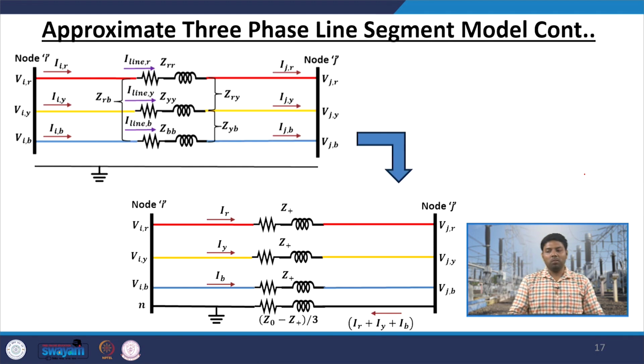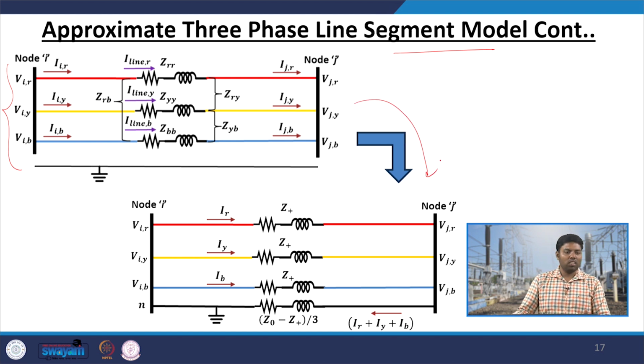And your approximate 3-phase line segment model is actually looked like this, without the shunt admittance. Now, you can transform it to a sequence impedance model, where you have a Z plus positive sequence line impedance and a (Z0 minus Z plus) by 3 amount of impedance at the neutral wire.